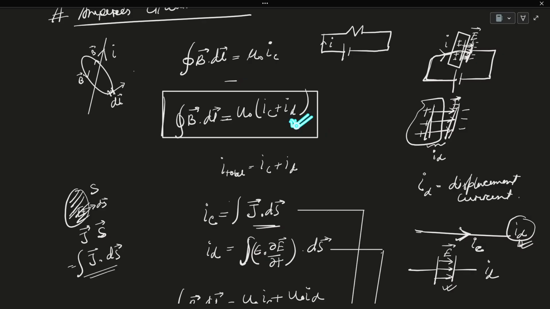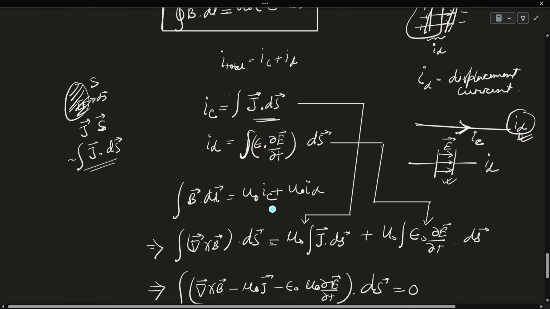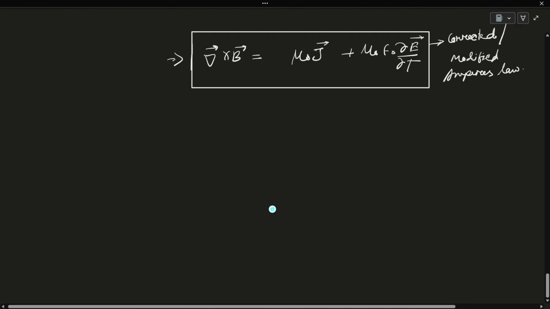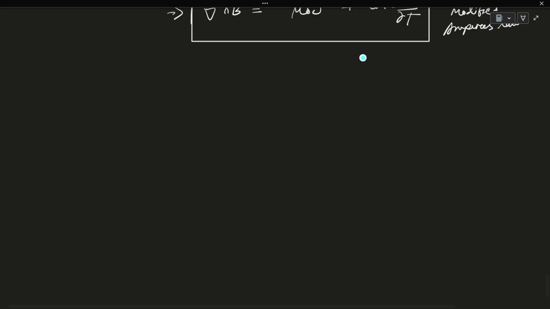So this is the ID term, the displacement current term. Now I want to talk about where this ID value is coming from. For this, I have to tell you what the equation of continuity is. I hope you all know the equation of continuity, right?